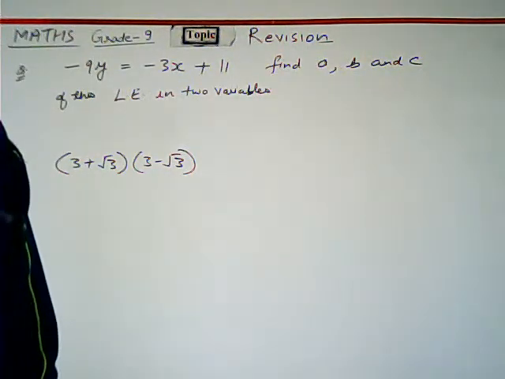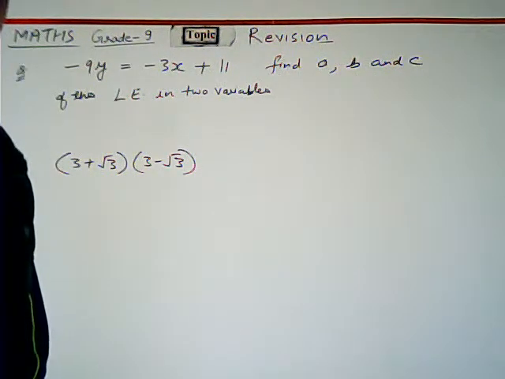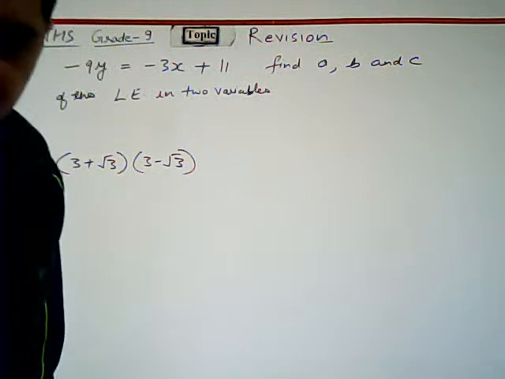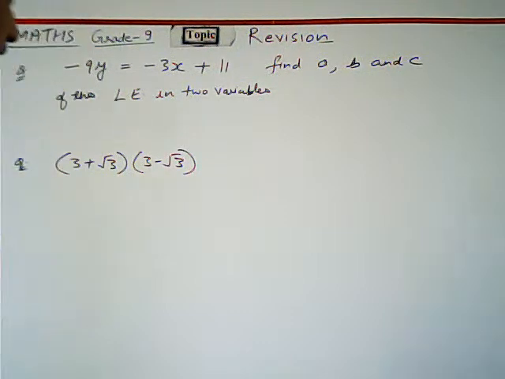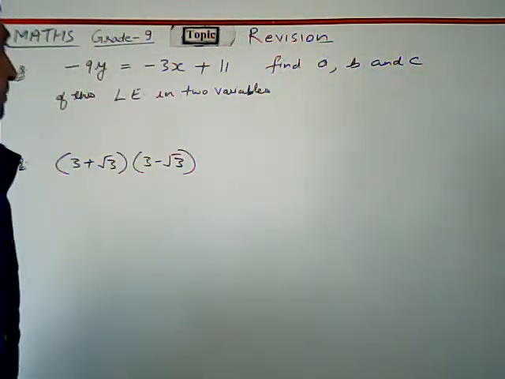So here A is 3, B is 9, C is 11. Either one side you can take, or the other side.